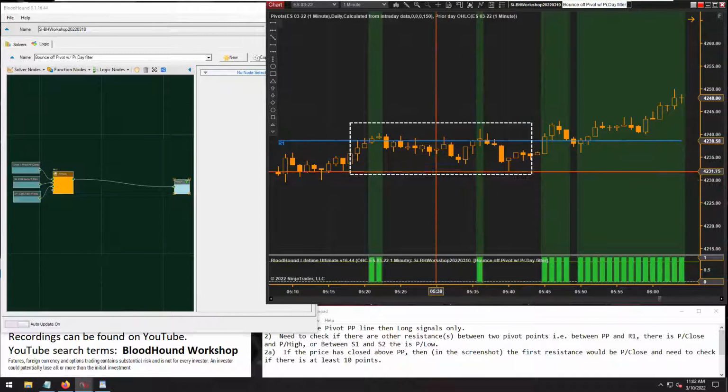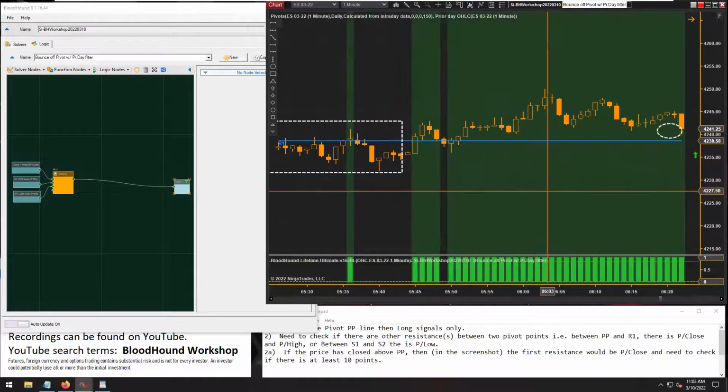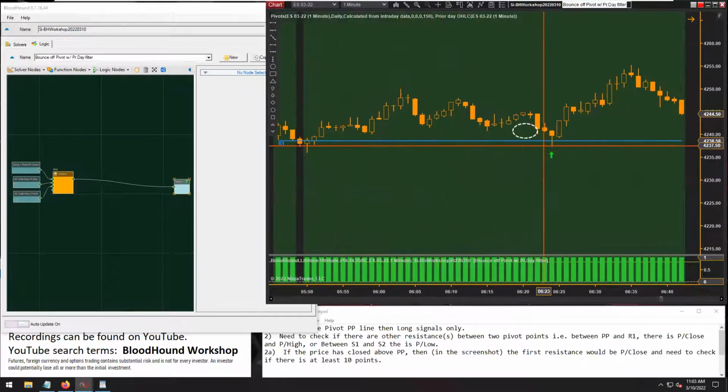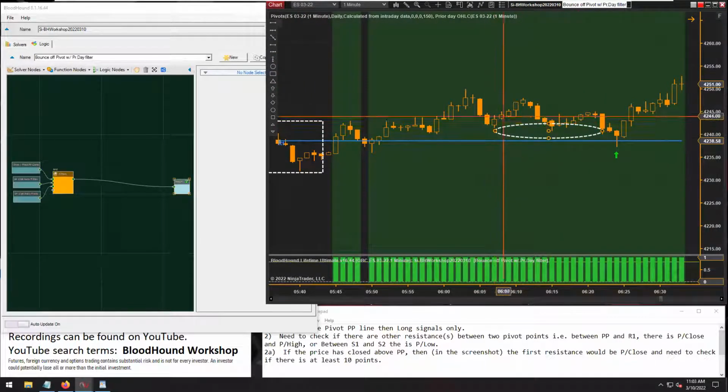So how do you eliminate consolidation versus a more legitimate bounce? Well, price has to have moved away from your support line a certain distance away. So you have to figure out how far away price needs to move away from my support line for it to actually create a good bounce.